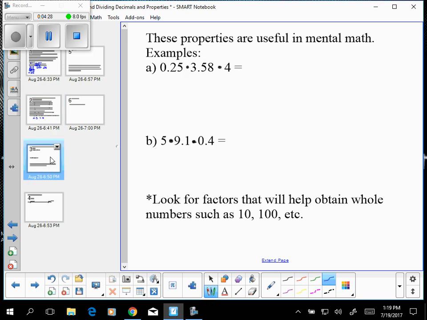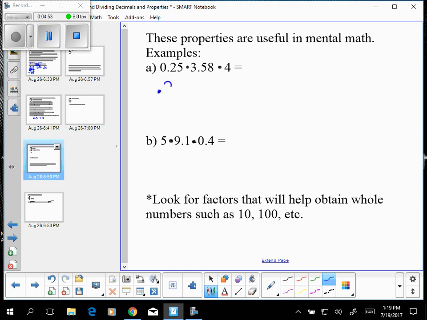How do we use this? If we look at our numbers here in example A, what stands out to me right away is that if I take 0.25, which is like a quarter when it comes to money, and then take it times 4, I'm going to get $1, which equals 1. So I'm going to commute. I'm going to change around the order of the 3.58 and the 4.